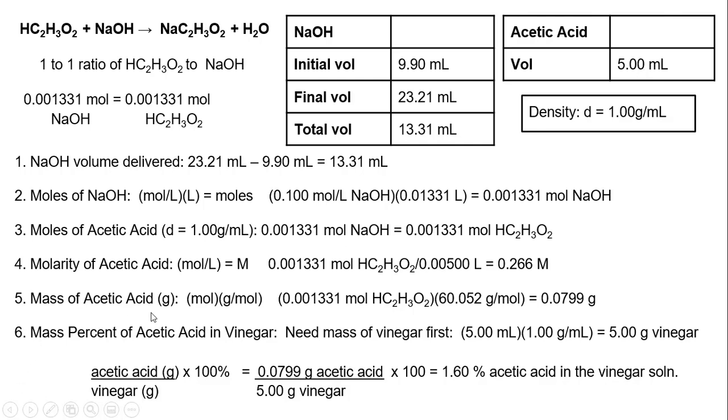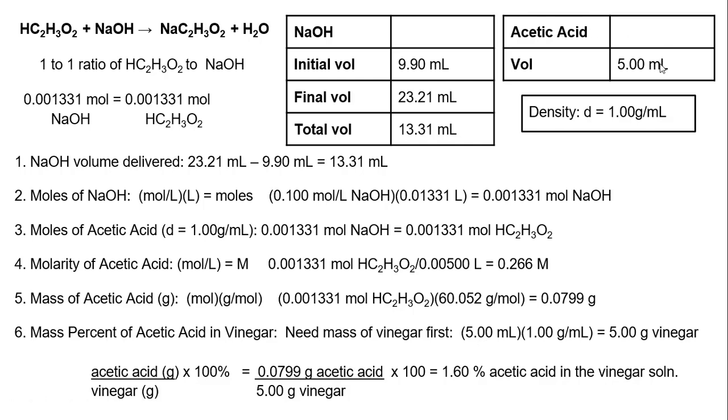My mass of acetic acid is simply taking my moles and using the molar mass. So I have my moles, the moles cancel out. I now have my mass of acetic acid. My mass percent, in this case, there's 2 things you need to do. You have a density, and they're telling you what the density is. You use the density because you have mLs. We can't use mLs, we need grams.